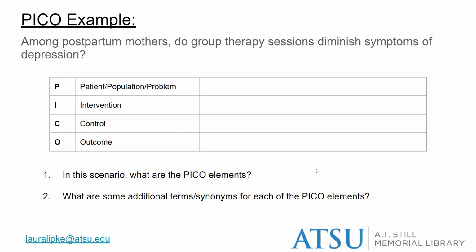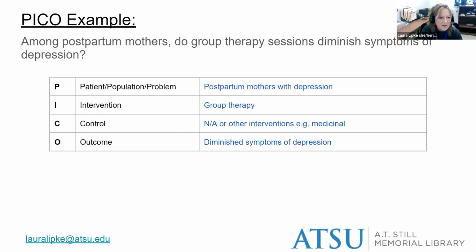So let's take a look and see what that looks like. Generally, control is NA, unless you're comparing it to another type of intervention maybe. So you want to compare group therapy to medicinal aids. Maybe you want to see which is better because you want to promote group therapy over medications.